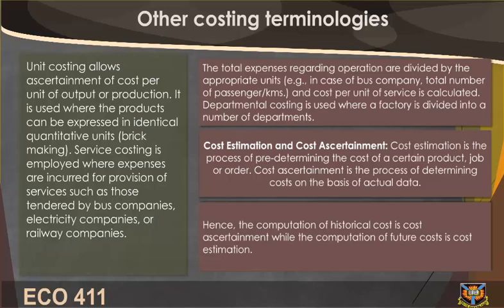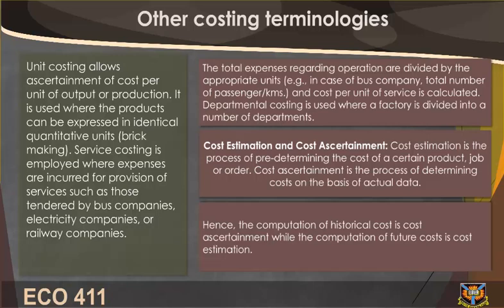Unit costing allows ascertainment of cost per unit of output of production. It is used where the products can be expressed in identical quantitative units. Service costing is employed where expenses are incurred for provision of services such as those tendered by bus companies, electricity companies, or railway companies.